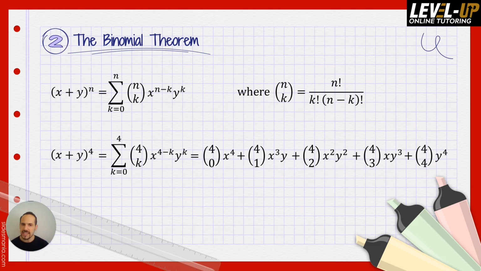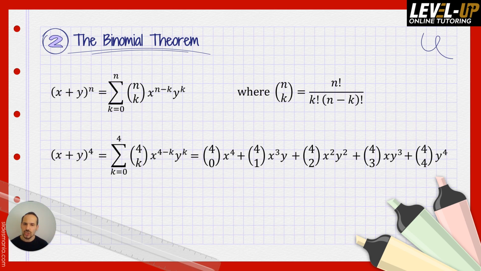So you can already see there with the x's and the y's, we've got that pattern going on. We start with x to the 4 and work our way down. And y is absent at first and then gradually goes up in powers to y to the 4. And you see those coefficients.